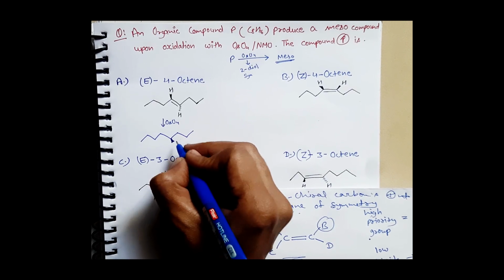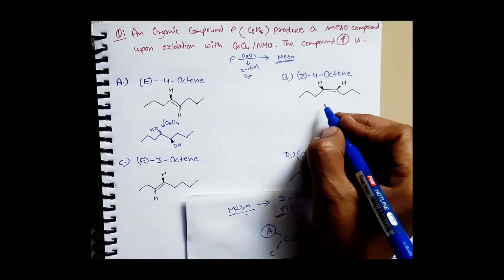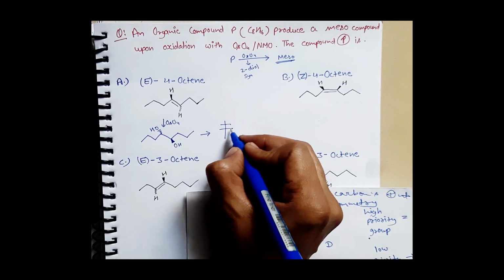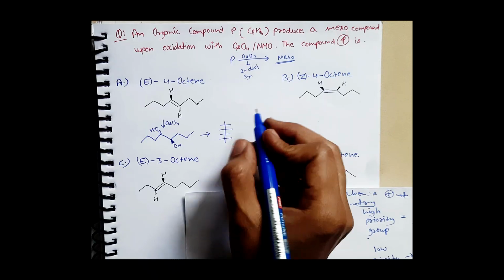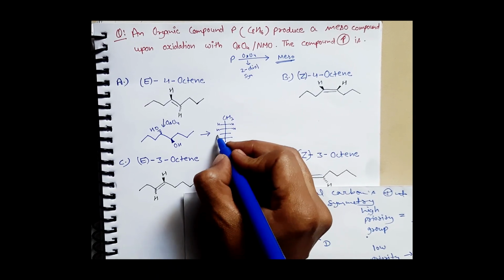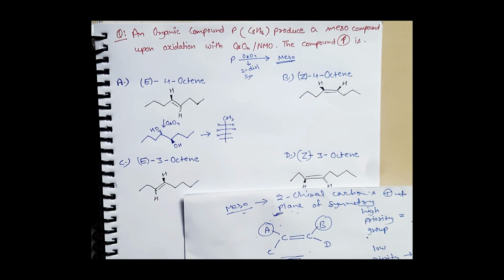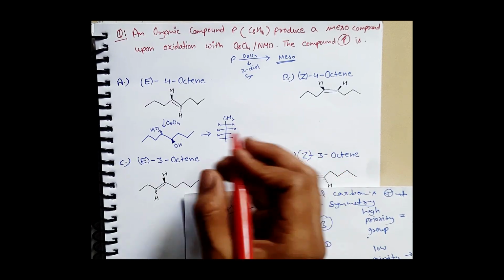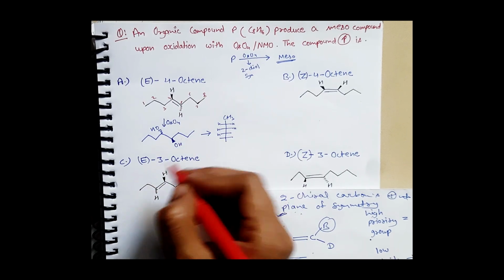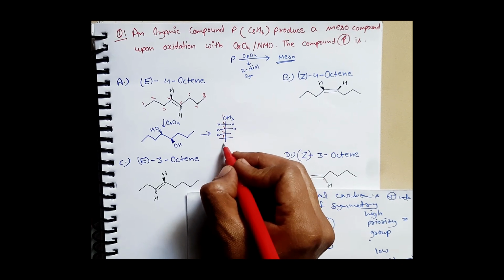Here OH, OH. If we convert to Fischer projection, CH3, H. Here first we number these carbon atoms so we can understand the stereochemistry easily: 1 2 3 4 5 6 7 and 8.